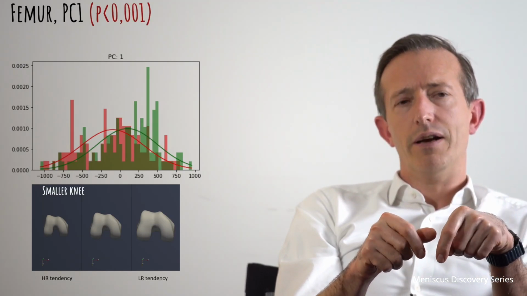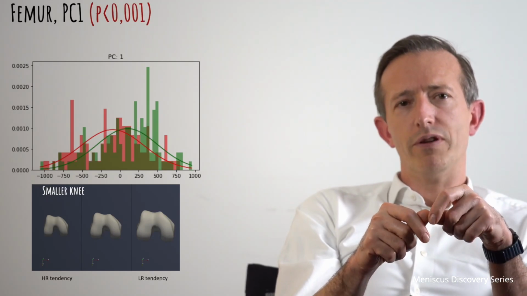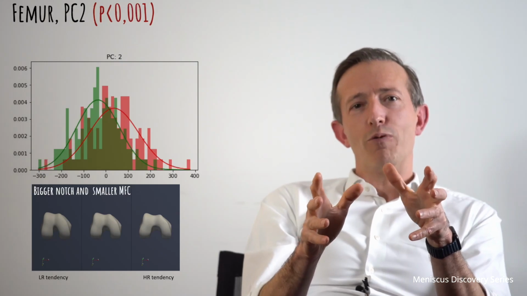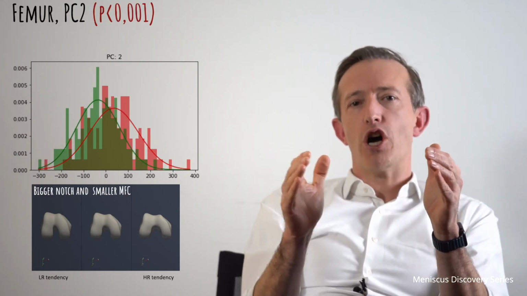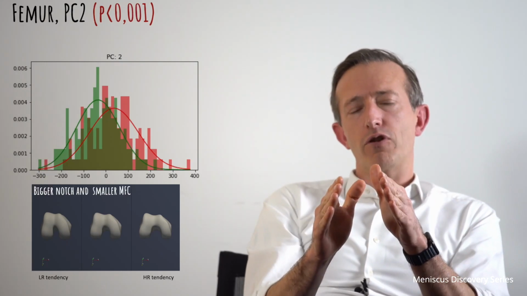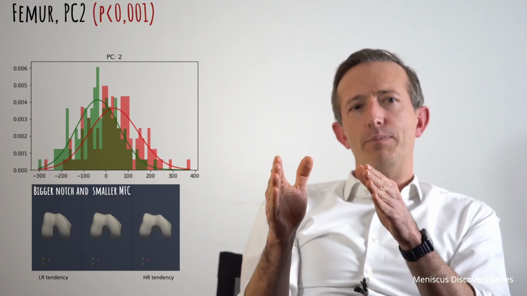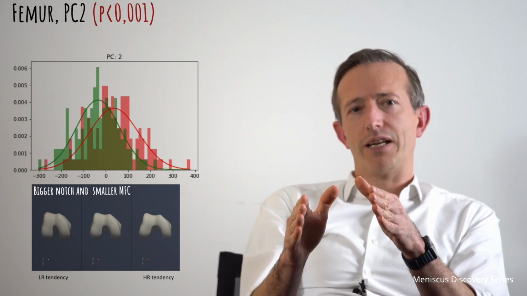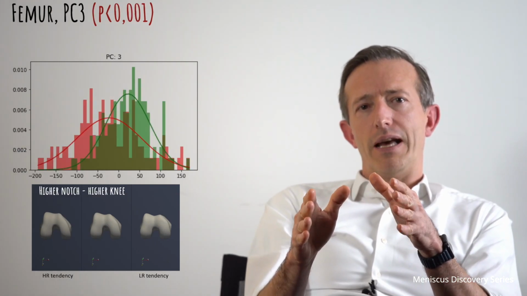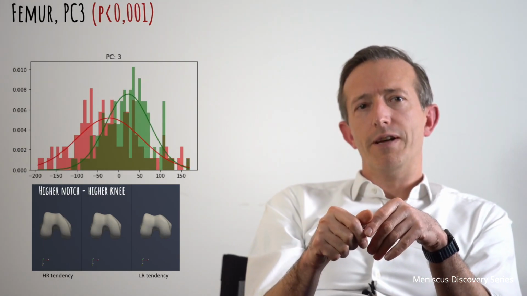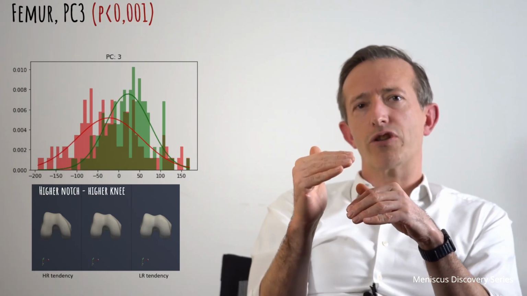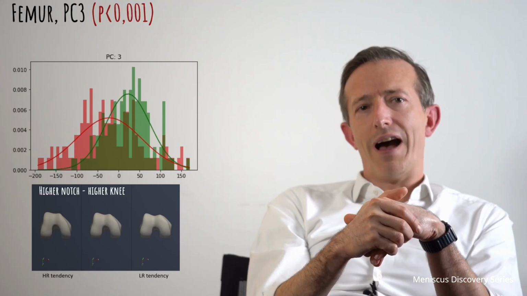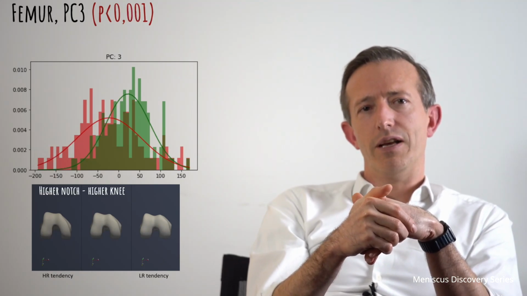The second principal component is very important: if you have a bigger notch and a smaller medial femoral condyle, again, you have higher chances of developing post-medial meniscectomy syndromes. And the third principal component is that if you have a higher notch and a higher knee, you also have higher chances of developing osteoarthritis in the medial compartment.